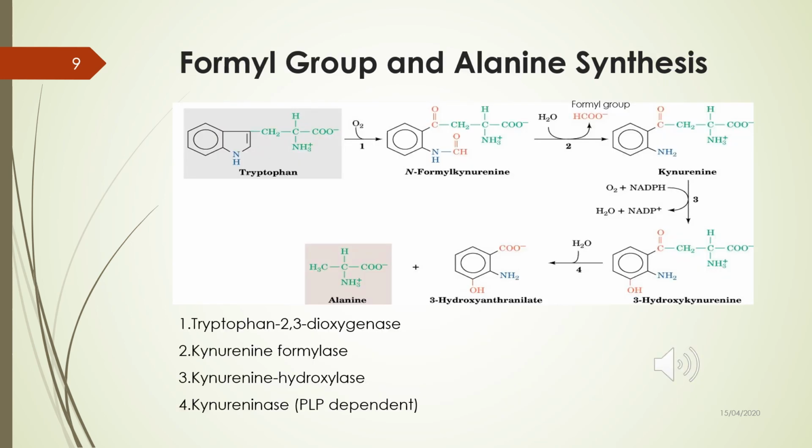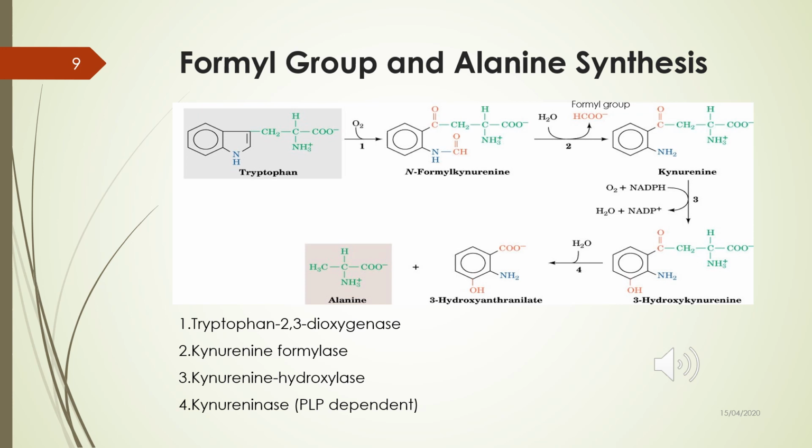Here we have the kynurenine pathway in which tryptophan is converted into formyl kynurenine, and there is a release of the formyl group which enters into the 1-carbon pool, so that N-formyl kynurenine is converted into kynurenine. Alanine is synthesized as kynurenine undergoes reaction to form 3-hydroxykynurenine, and 3-hydroxyanthranilate and alanine are formed.